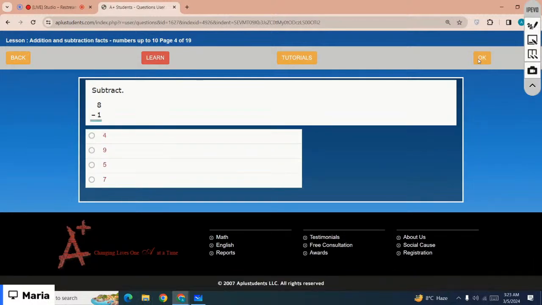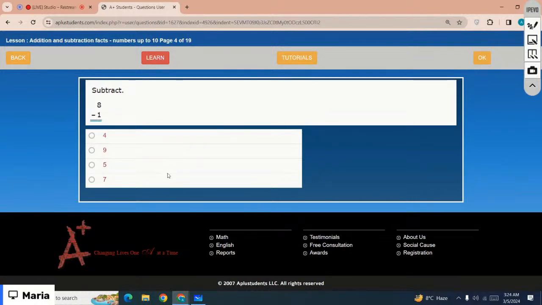The next one is subtract: 8 take away 1 equals, yes, that is 8 take away 1 equals 7.